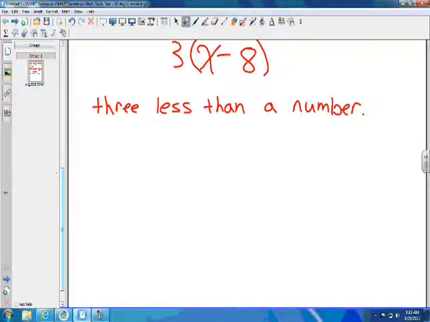And it looks like you would do 3 minus X, 3 less than a number. A lot of kids will do that. That's not what it says. It says 3 less than X. So you're actually subtracting the 3 from the number, or X. So watch out for the less than.